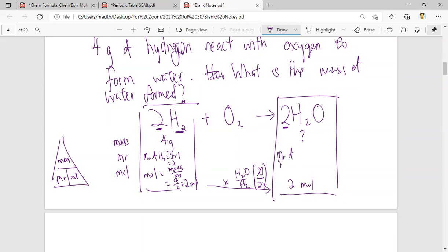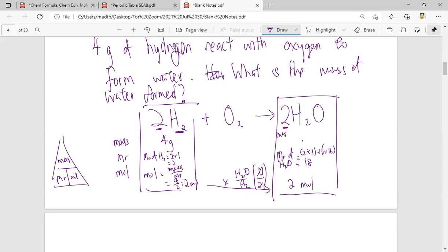So let's find the MR of H2O. How to find? You take 2 times 1, because I have 2 hydrogen, plus 1 times 16. So what you're going to get is 18. So the MR of H2O is 18. So now let's find the mass of water.